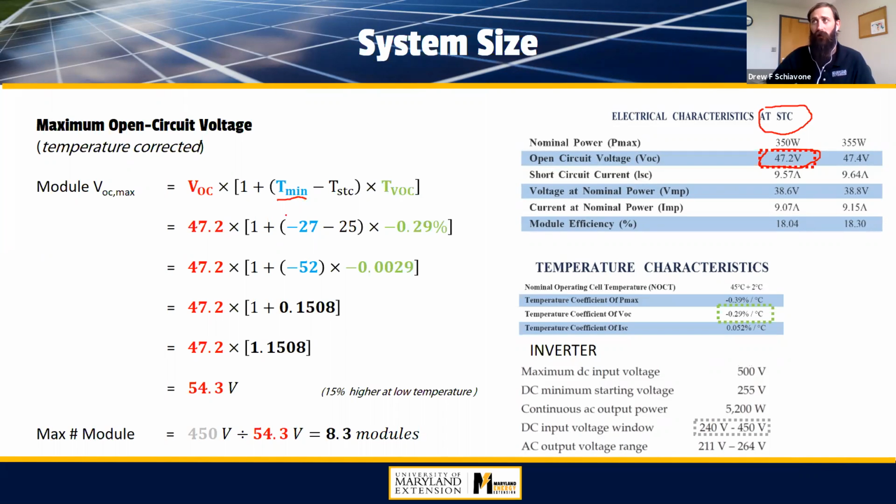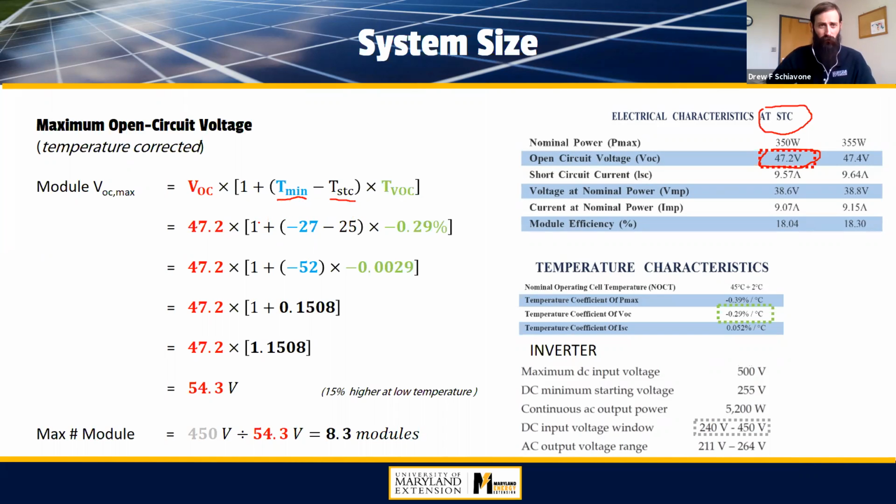And so that's what I've done here. I've taken in that absolute minimum temperature from back in 1994. So this is an extreme case, but I've put that in there, and that's how we compensate, and we compare that to the testing conditions that all modules are tested under. And so we can compensate for the temperature that way.